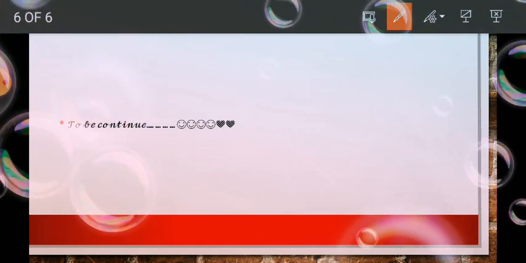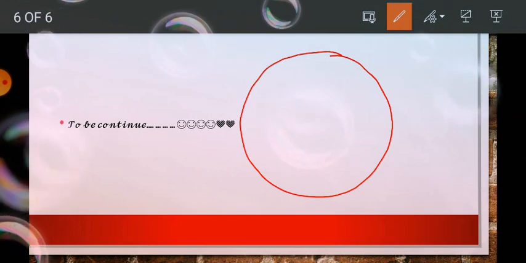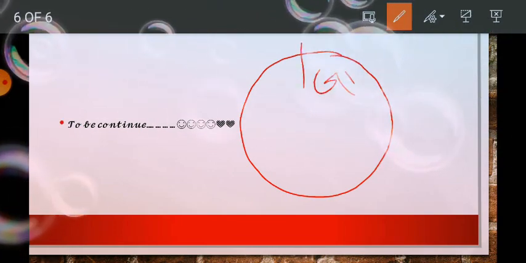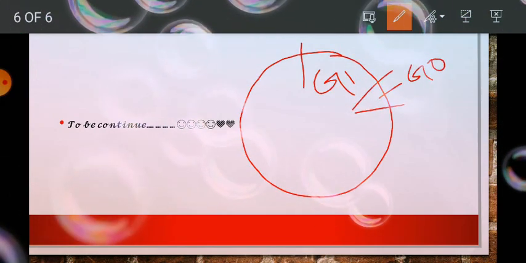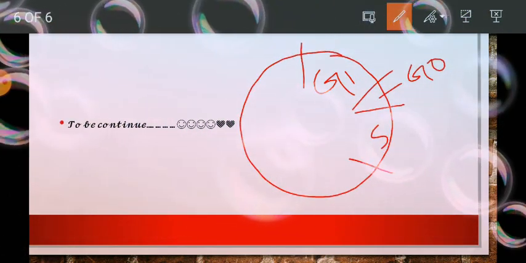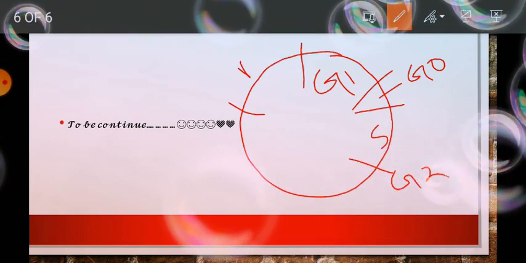So you can sum up the cell cycle; here is the total cell cycle. First it starts with G1, then here is G0, then S, then G2, and finally the M phase.